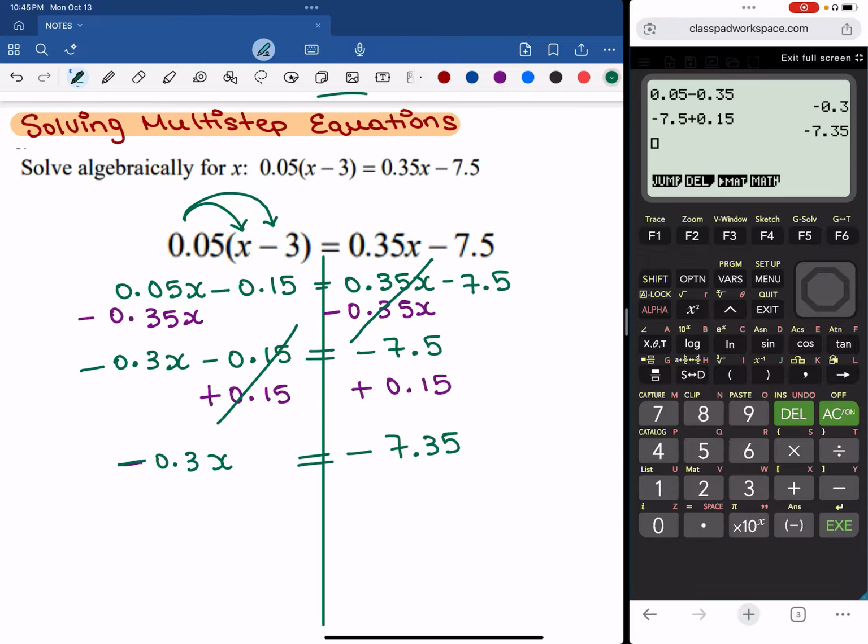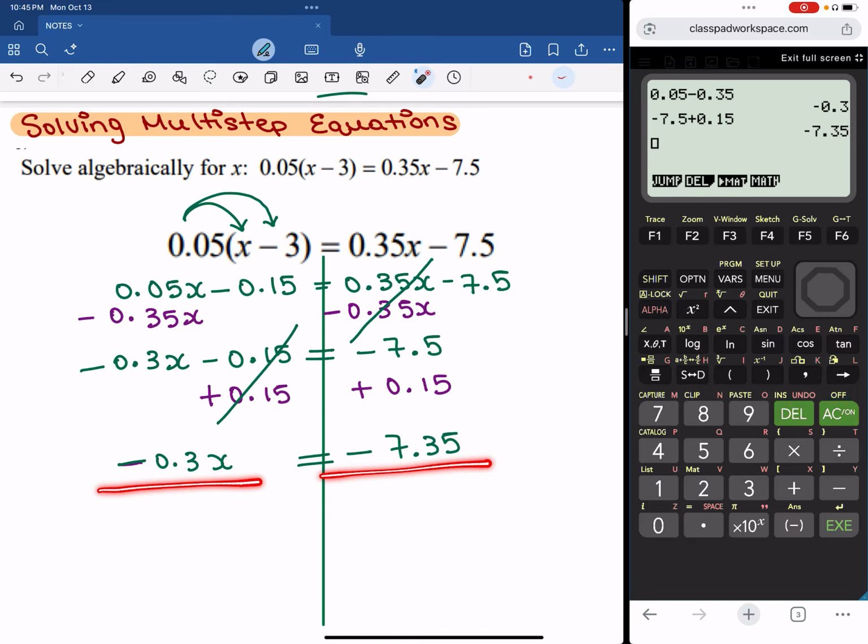Great. So now our last step here, to get x completely by itself, is to divide both sides by the number in front of x. Negative 0.3x is the same as negative 0.3 times x.